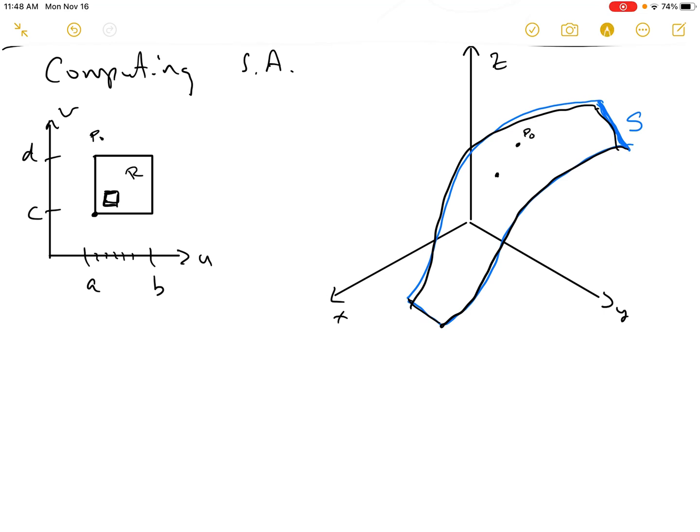Right, there's P naught. Okay. And then if you take the other two corners, they're going to make a little patch here on the surface, right? And this is actually curved, following the curve of the thing. So it's not a rectangle or a parallelogram or anything. It's a swath of cloth on a surface that's smooth, okay?